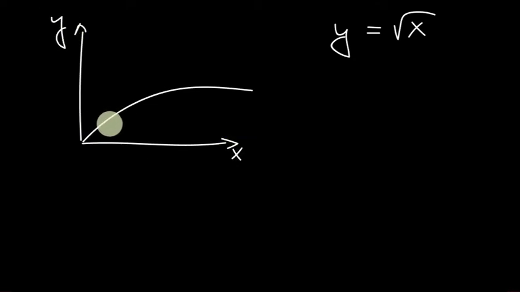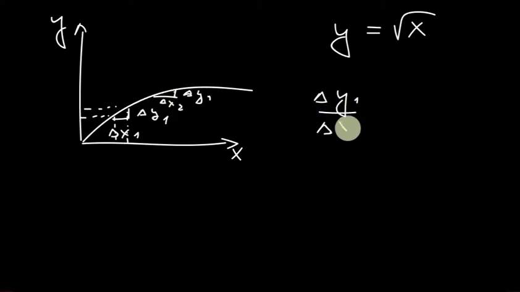If we take some delta y here and delta x here, delta x1 and delta y1, it's not the same as here, so it's different: delta x2 and delta y2. So delta y1 divided by delta x1 is not equal to delta y2 divided by delta x2.